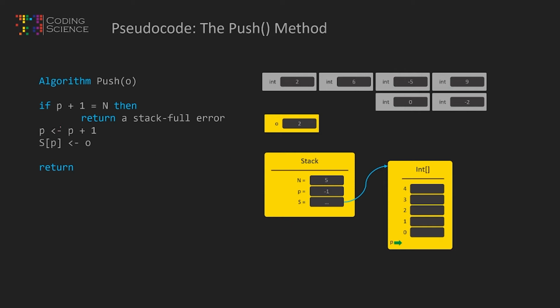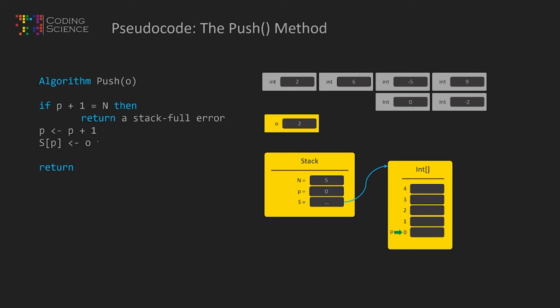Now, this arrow here means that in pseudocode, we will put this value, the value of p plus 1, into p. So -1 plus 1, 0, we'll put that 0 into p. So we'll replace it with a 0. Okay. So now the p value is at 0, so the pointer now points at 0 here. It doesn't point at -1 anymore.